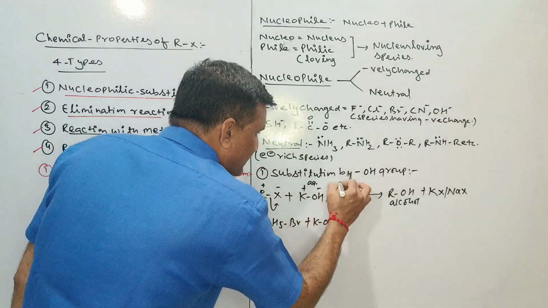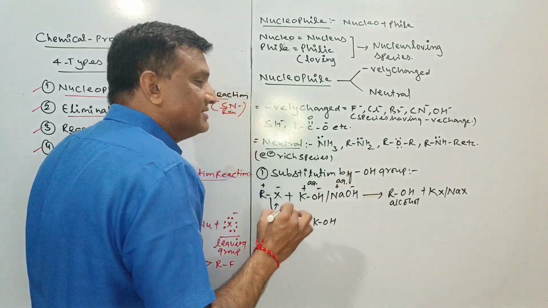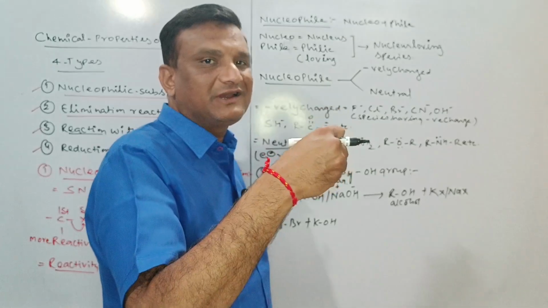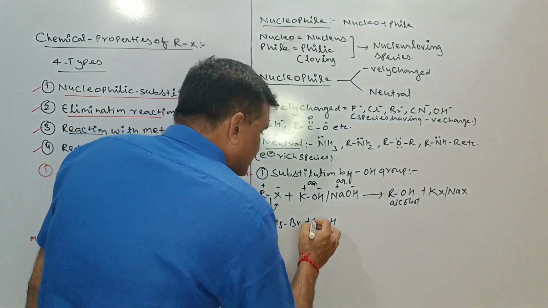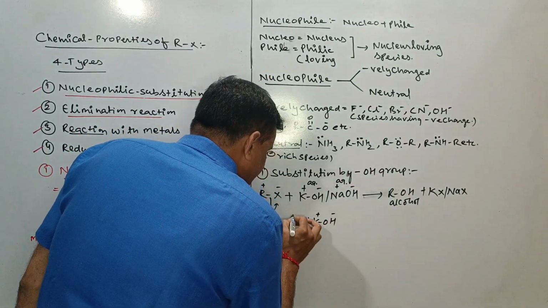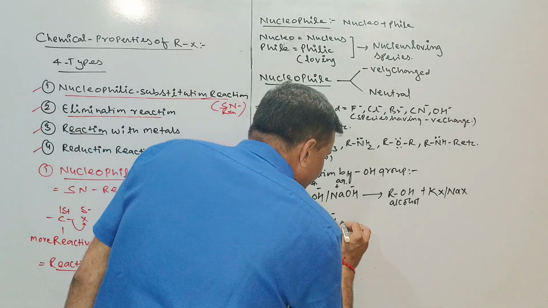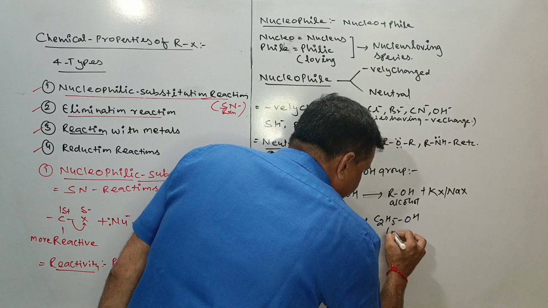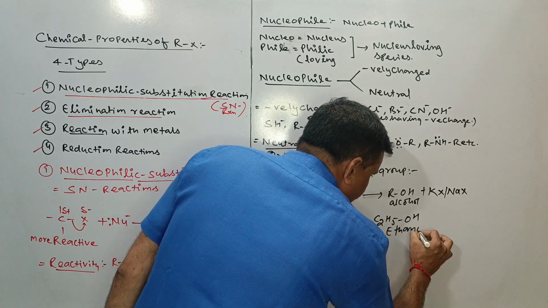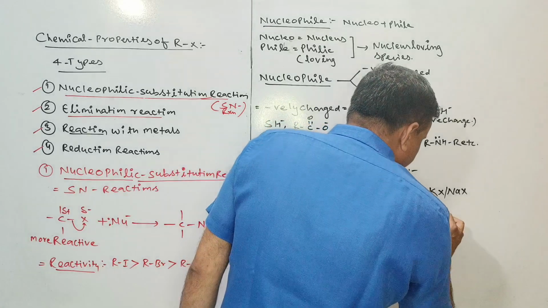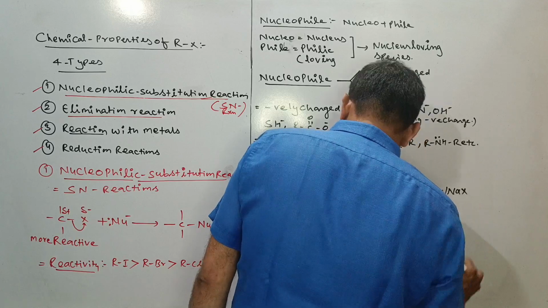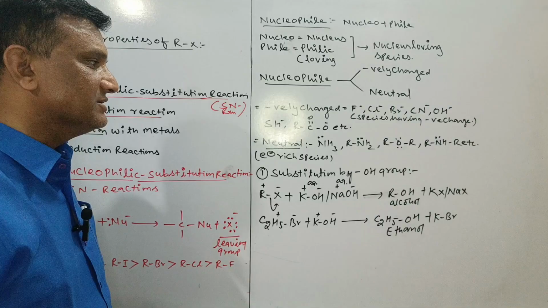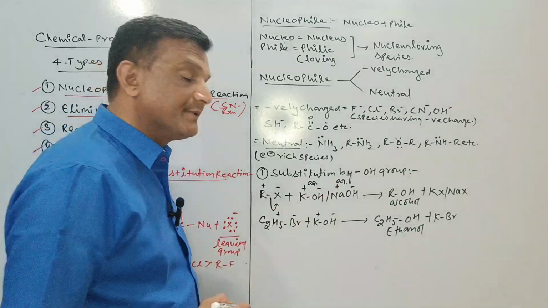How is aqueous KOH or NaOH formed? By dissolving KOH and NaOH in water, giving K plus and OH minus. Here there will be formation of C2H5OH as ethanol, and KBr. We are using KOH here. This was regarding the substitution of the OH group.